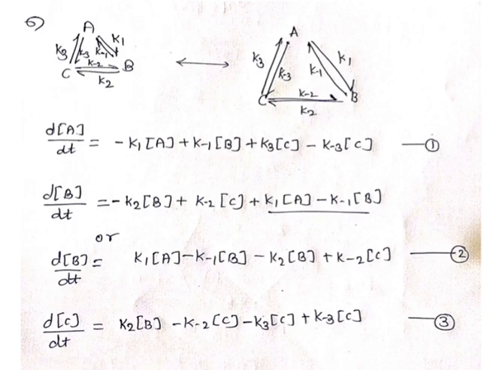K minus 2 is the rate, and from which species? B is formed from C species, therefore plus K minus 2 into concentration of C.